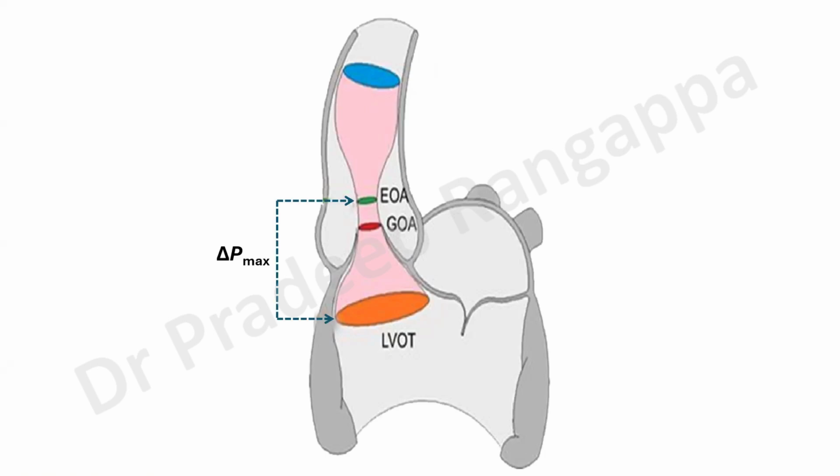We look at the pressure difference between the LVOT and the effective orifice area as the delta pressure. This pressure is calculated from the velocity by Bernoulli's principle, which I'll talk about. We look at this gradient as a measure of the intensity of stenosis. Just keep this as a physiological understanding that there is a difference in the velocity when the blood is ejected out of the ventricle at the LVOT area and at the effective orifice area, which is narrow and where the velocity is much higher.